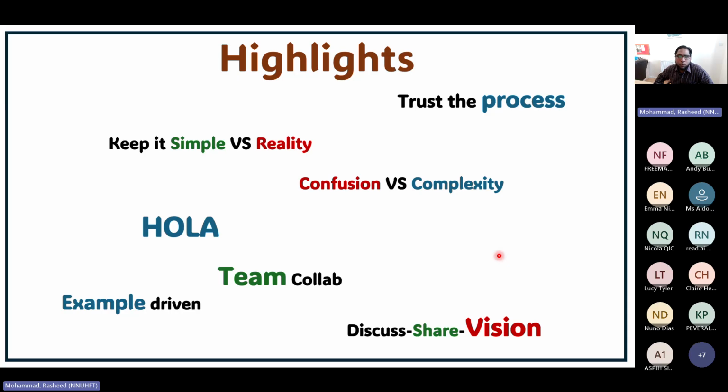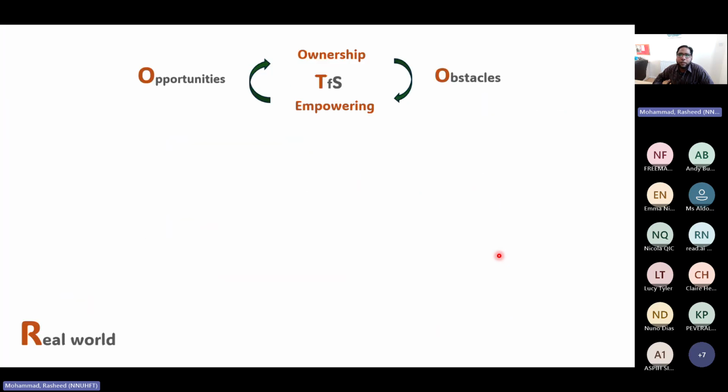In the beginning, it is going to look simple. And then at some point, you will feel like it is quite confusing and complex. But if you are within the team utilizing each other's expertise, then the process will take you to the end point. And the end point is really not an end, but it is a process that continues. So it is not an episode, it is a series of changes that leads us to a learning healthcare model.